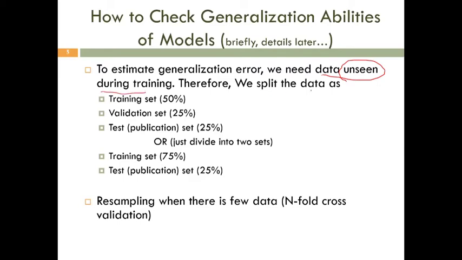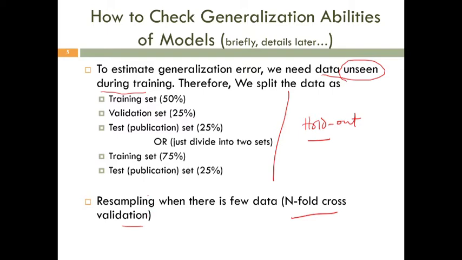Therefore, we split the data, and there are two main options. The first option is what we call the holdout method. This is where you divide your data into two or three parts. And then the second one is what we call n-fold cross-validation.